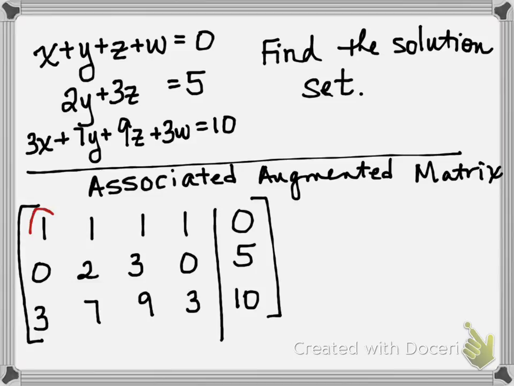So we already have a leading one in this first row, meaning that reading from left to right, the first non-zero entry I get to is a 1. And after that, all entries below it should be 0. So we want that 3 to be a 0. And we do that by taking row 3 and replacing row 3 with row 3 minus 3 row 1.